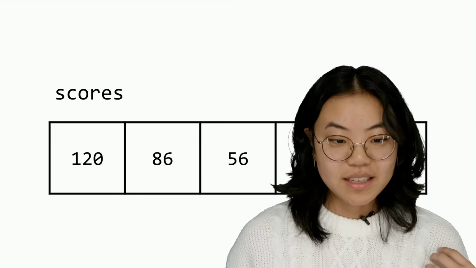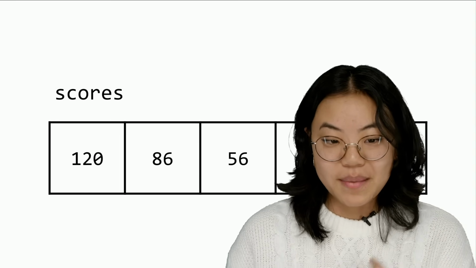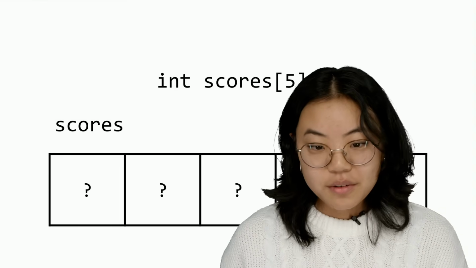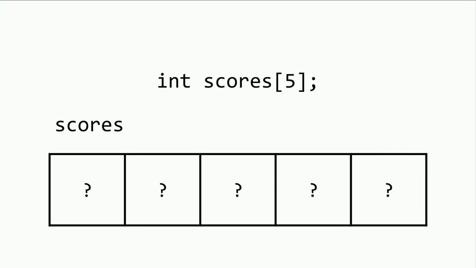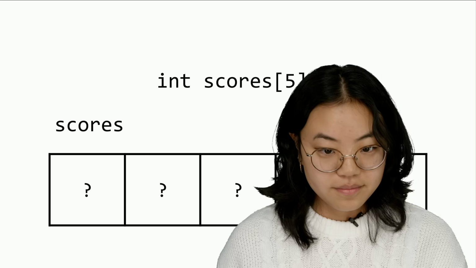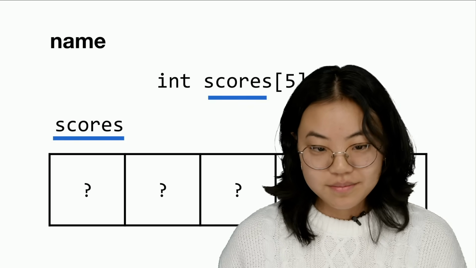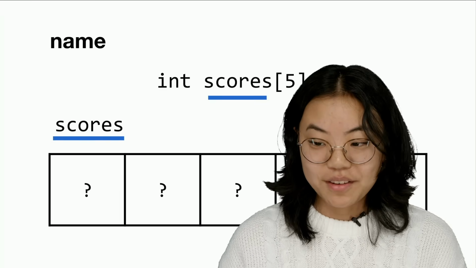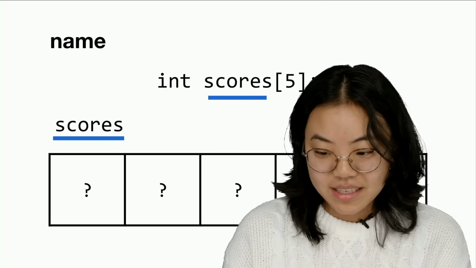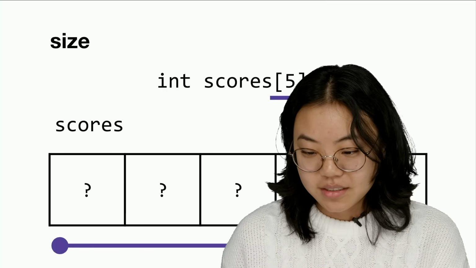So if I were to try to actually declare this array, how do I make this array? You might write a line of code that looks sort of like this. So we have int scores, square brackets, 5. And so what is this actually composed of? First we have the name. So we have a name of the array, in this case called scores.